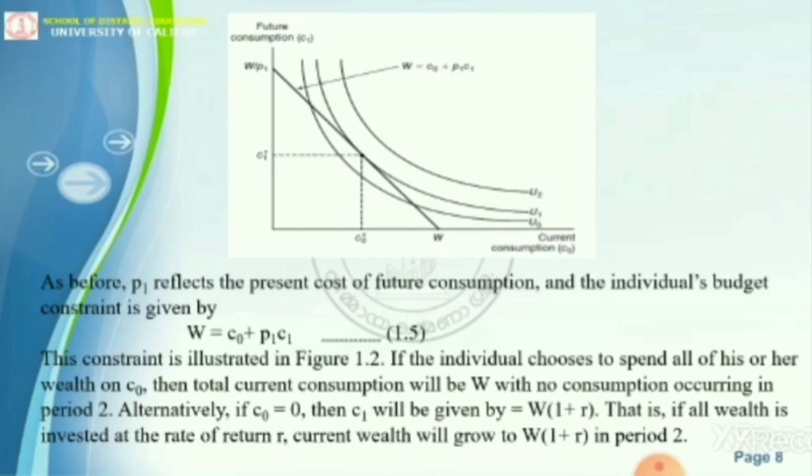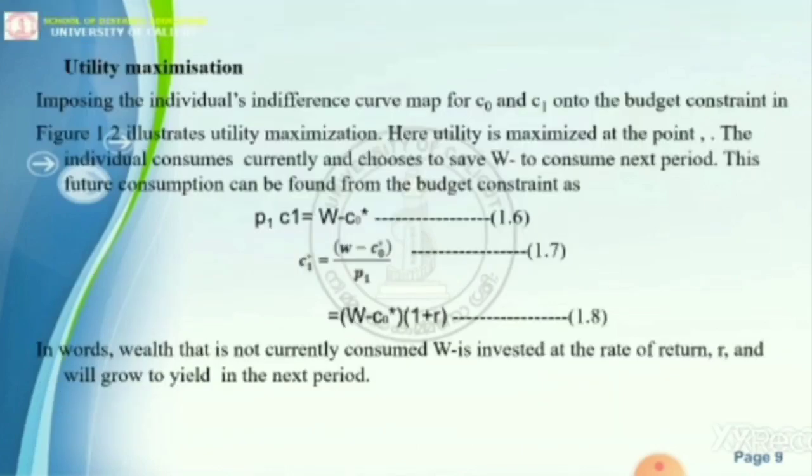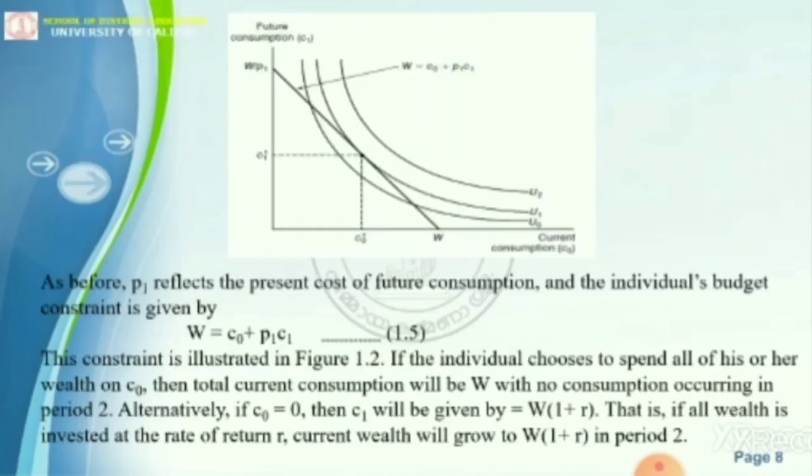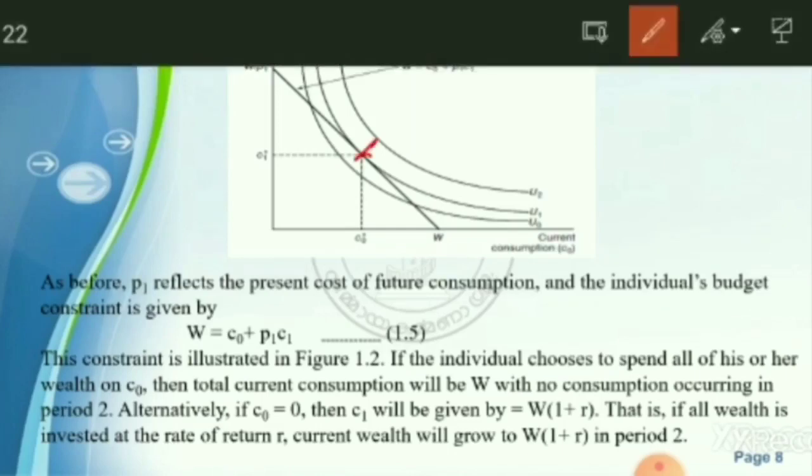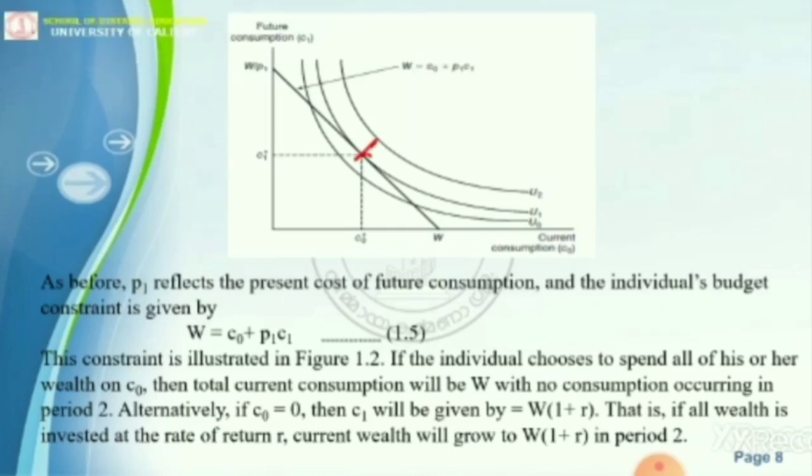And you can see in that picture that C0 star and C1 star coincide at a point E. Here there is no point E, but I am deciding the point E as this. That means the two quantities coincide, right? So in that red point, we have the point E.